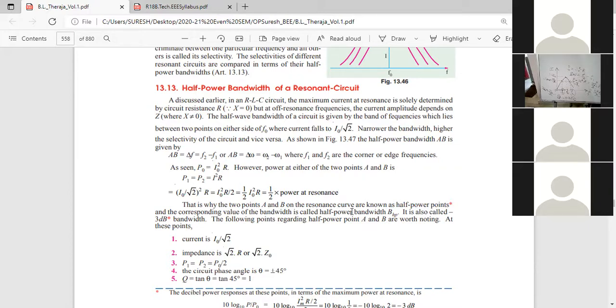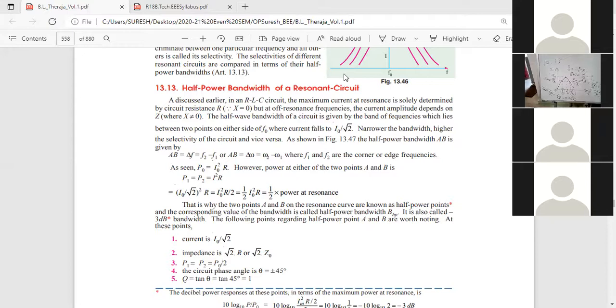Who are absent? Can anyone tell? Six is present. Ten is absent. Thirteen is present. Fifteen is absent.